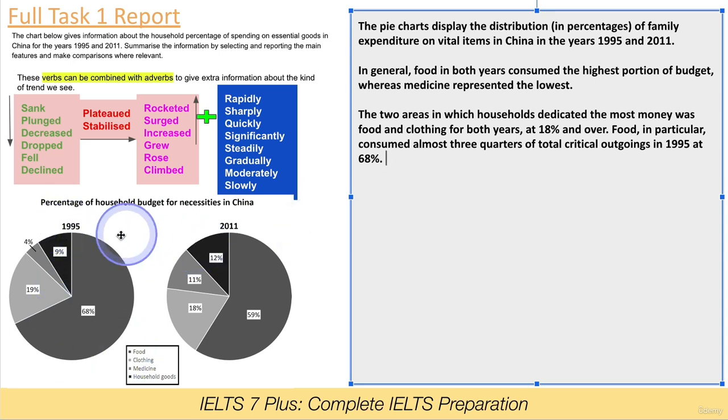Let's do the difference in years. So 2011 is 16 years later. So 16 years later, this figure fell by 9%. Okay, let's talk about clothing.